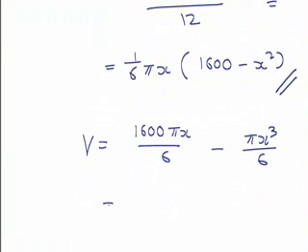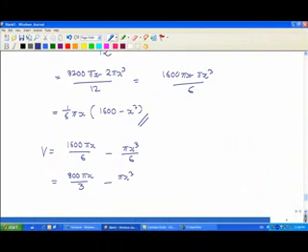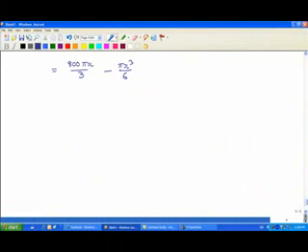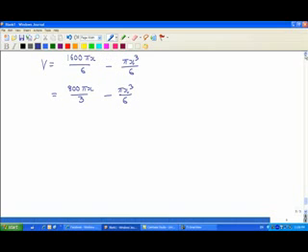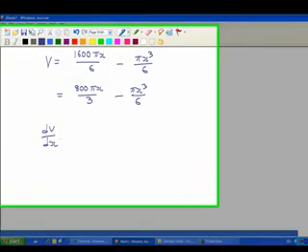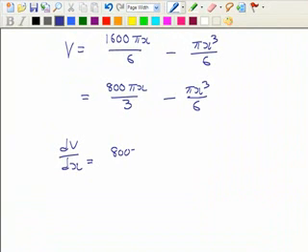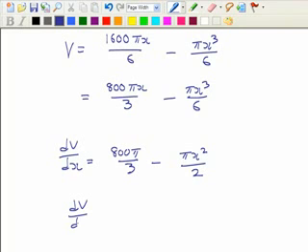Before we even start, maybe we can do a bit of simplification first. After I get the simplification, I'm ready to do term by term differentiation. dV/dx is equal to 8000 pi over 3 minus, this one should give me pi x squared over 2. Now, at maximum value, it means that dV/dx equals 0.